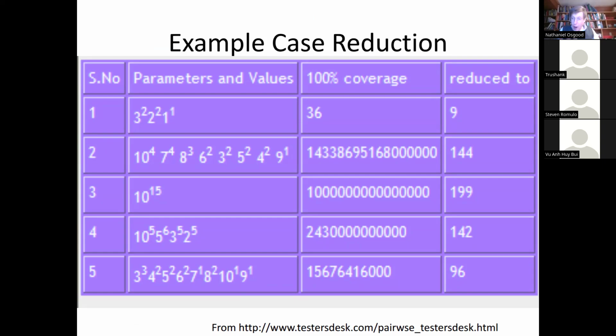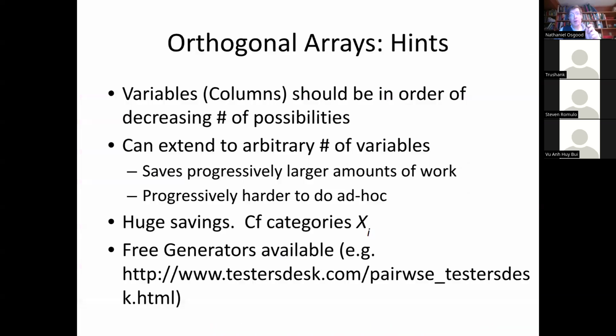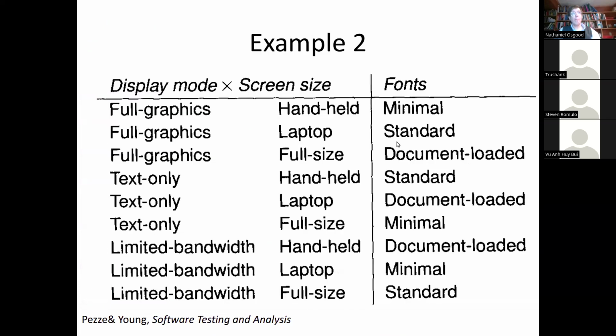You give up exhaustive testing, which is generally not possible anyway because of the magnitudes involved, and you get out a vastly smaller number that guarantee the essential property that you've tested all possible pairs of values for any two so-called variables or columns.